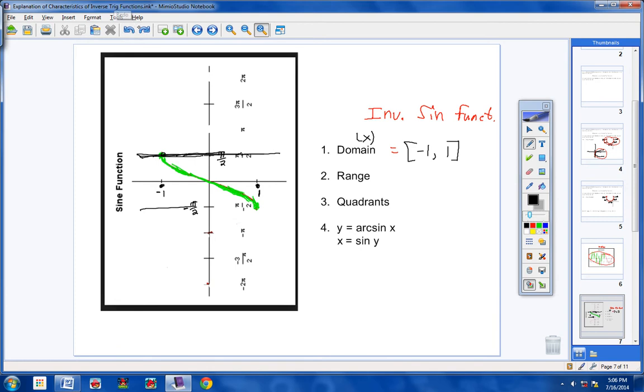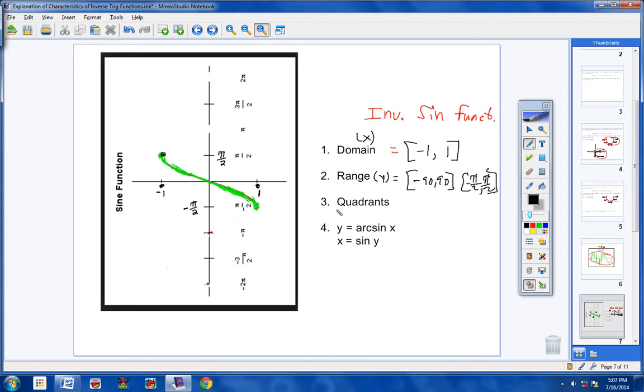It looks to me like the graph goes as high as pi over 2, or 90, and as low as -pi over 2, or -90. So you could say the range, the y values, inclusive, goes from -90 to 90, or if you wanted to use radians, you would say -pi over 2 to pi over 2. So there's the range.